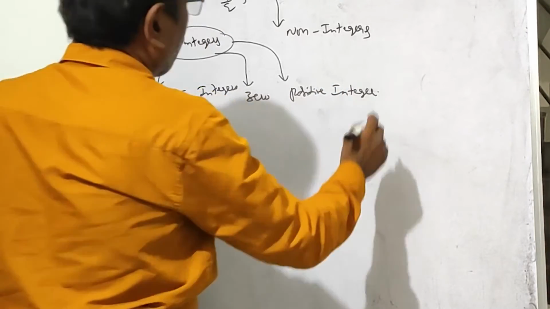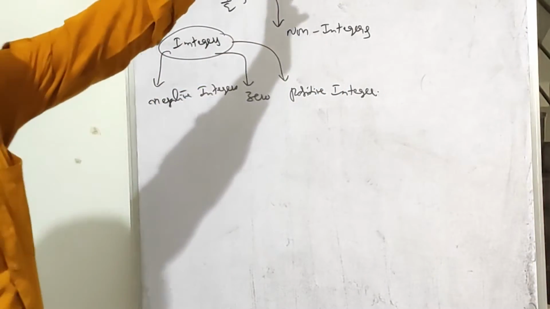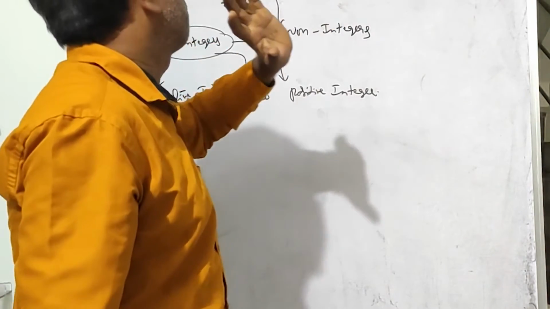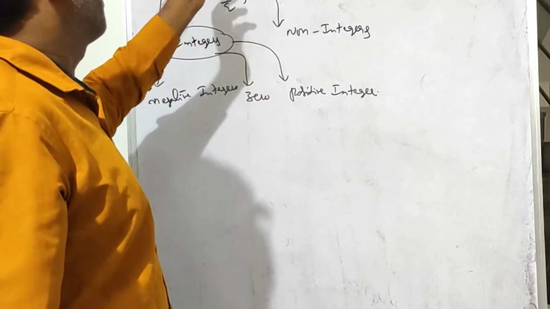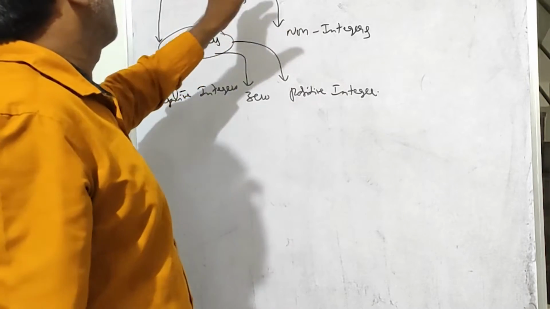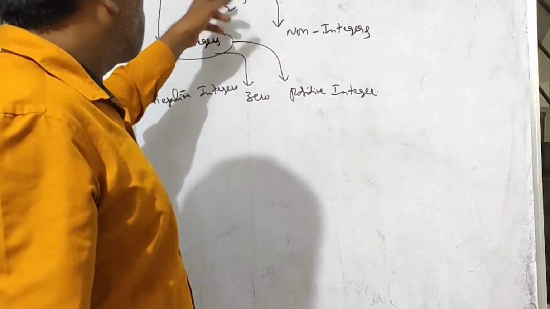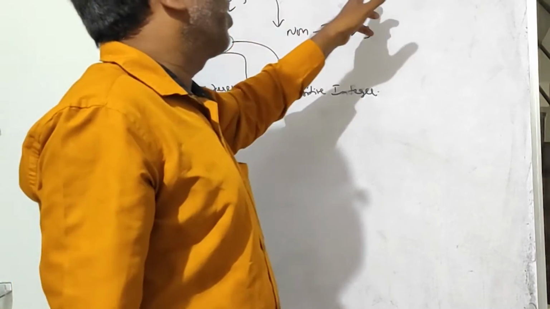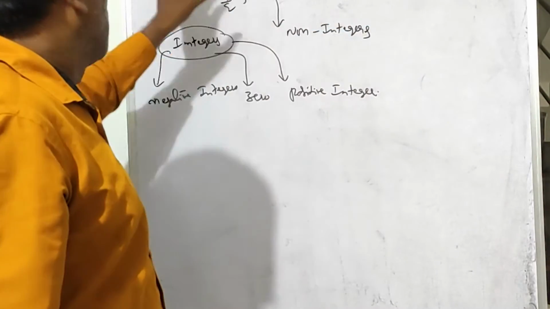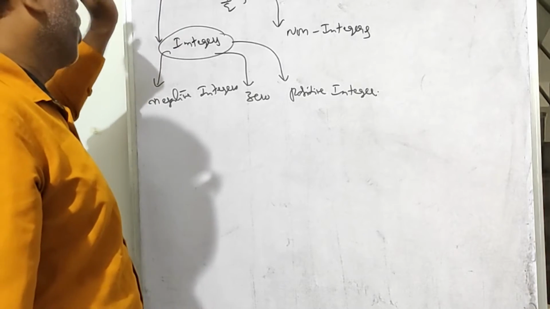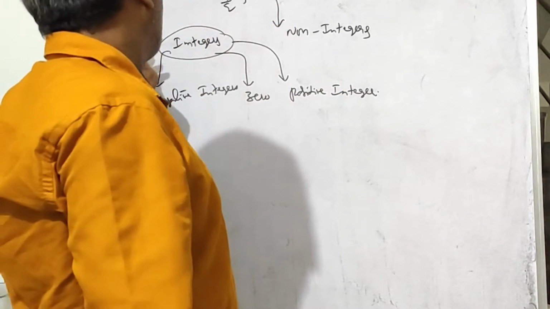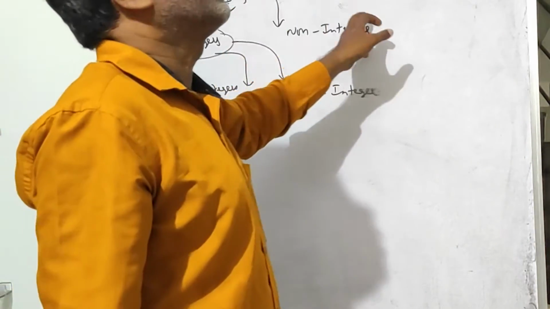So first, numbers can be classified as real numbers and imaginary numbers. Real numbers, that is existing numbers, can be rational numbers and irrational numbers. Rational numbers are in p by q form, where p, q are integers and q is not equal to 0. Rational numbers can be divided into integers and non-integers.